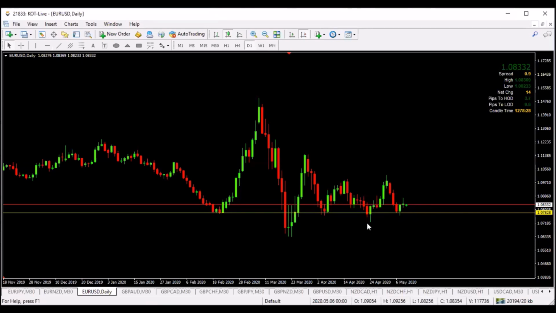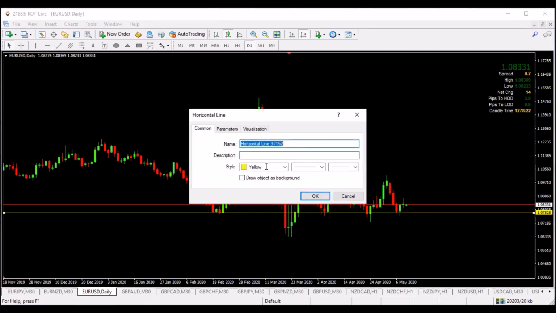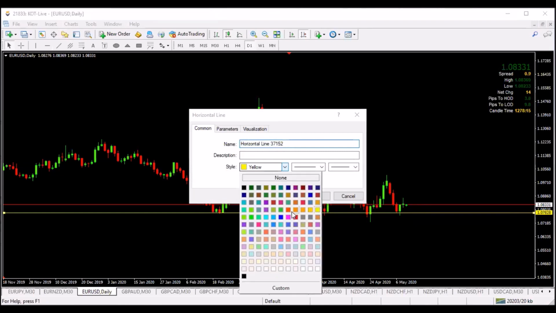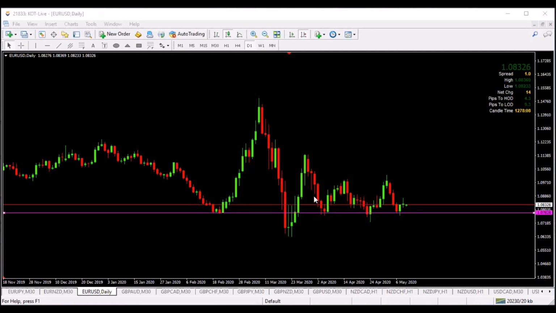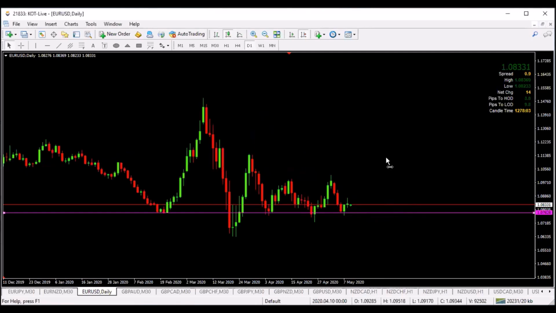I don't really include the wicks, but that's the lowest place on the daily where price has been. Now, what I like to do is change my color. On the daily, I like to put a magenta color. I'm going to show you why when we go down to lower time frames. When we get to that part, I'll show you exactly why I do it.